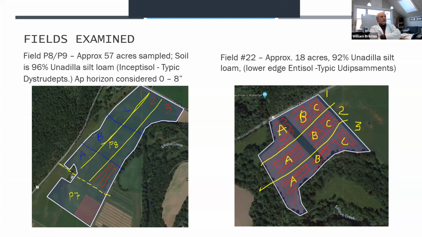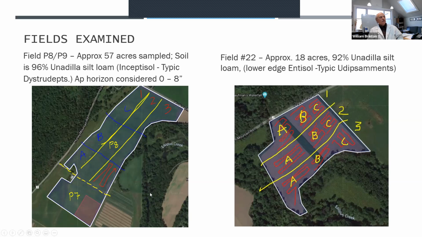So we did 2 of their fields. One was a 57-acre field and the other was an 18-acre field. And we agreed to divide it in what are called strips labeled 1, 2, and 3, and then subplots labeled A, B, and C. So we sampled each of them individually. So we're measuring the change in soil quality going away from the roads in each of these cases, 1 to 2 to 3, and then going along the length of the field, assuming there may be some variability across the length of the field.